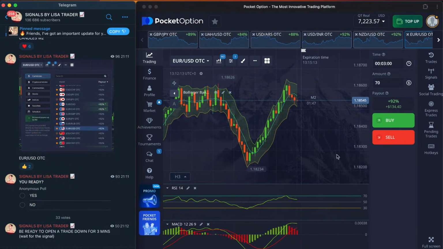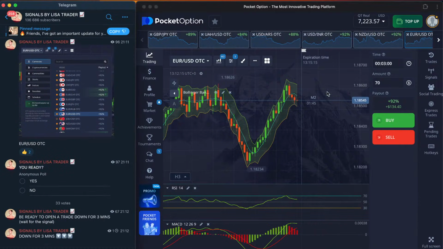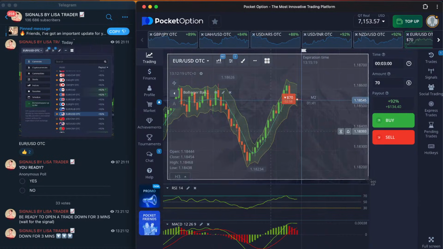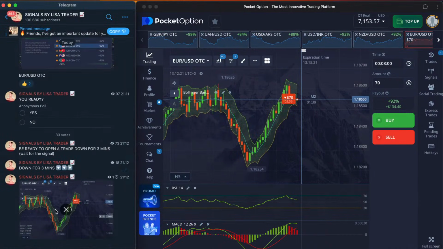Okay, and I'm sending a signal and opening a trade. Here it is. So that's how we also open it at the same time, because when you see a signal, you first need to click on the button, so it will take 1 or 2 seconds. So we do it exactly like this.